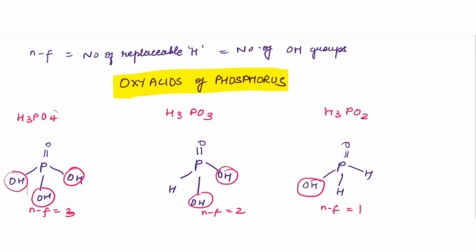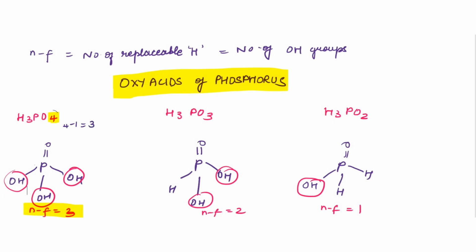So how to remember the n factors of different phosphoric acids? Here I will tell you a trick in case you don't know how to draw the structure. Without drawing the structure, when they ask you the n factor of phosphoric acid, we know phosphoric acid is H3PO4. So simply 4 minus 1, 3.